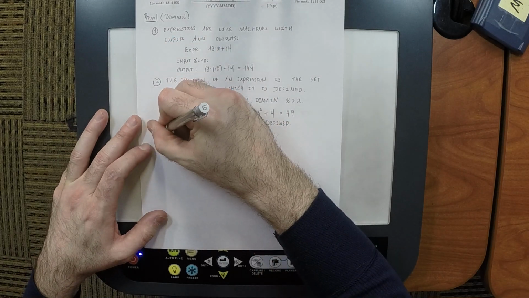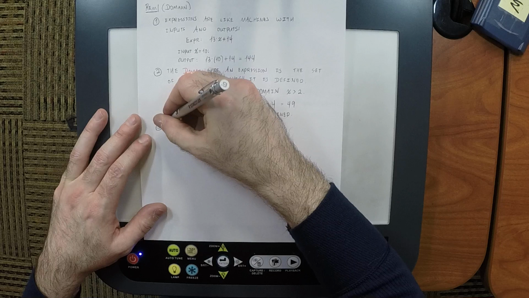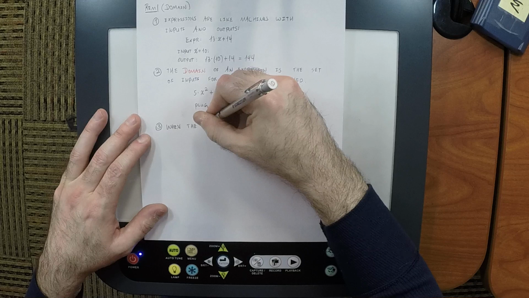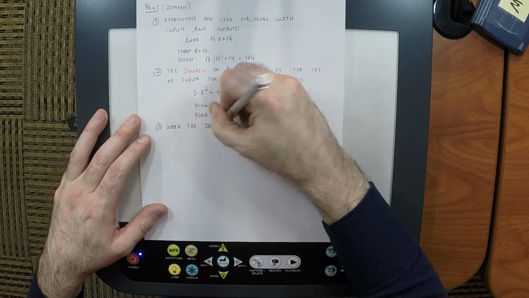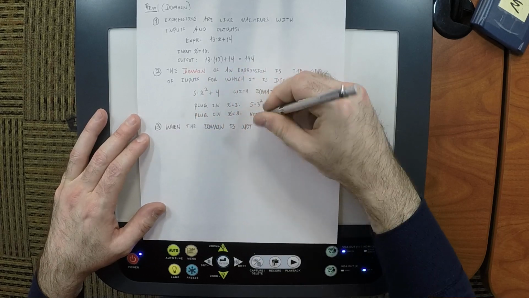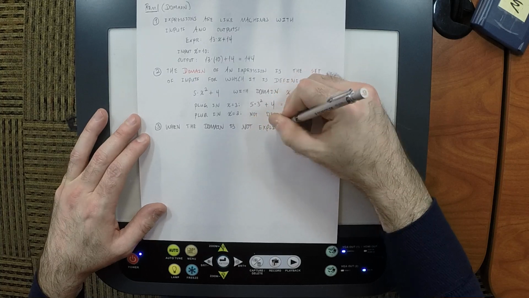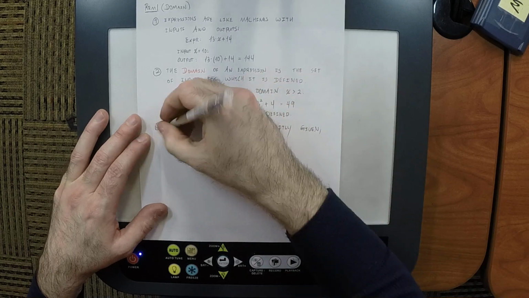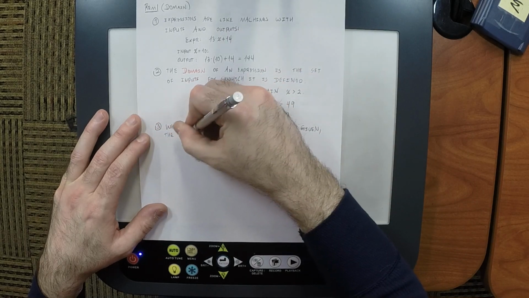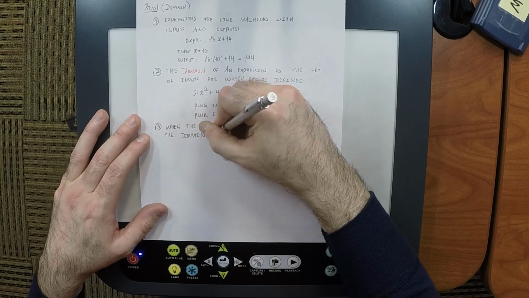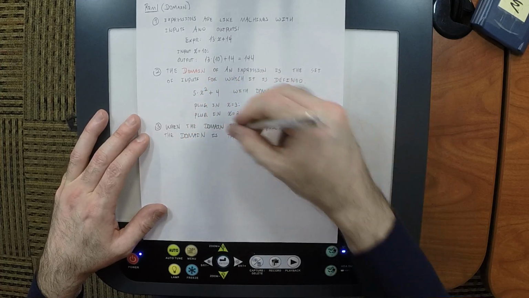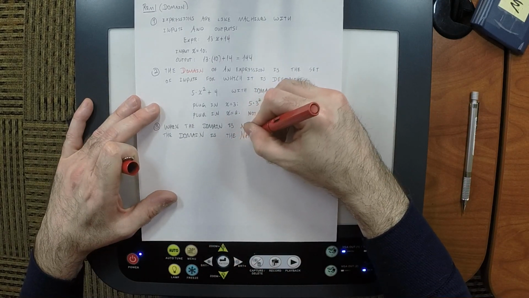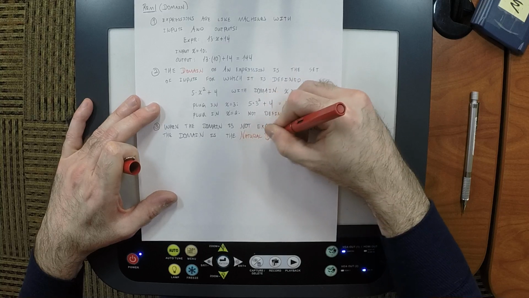So, 3. When the domain is not explicitly given, the domain is the natural domain of the expression.